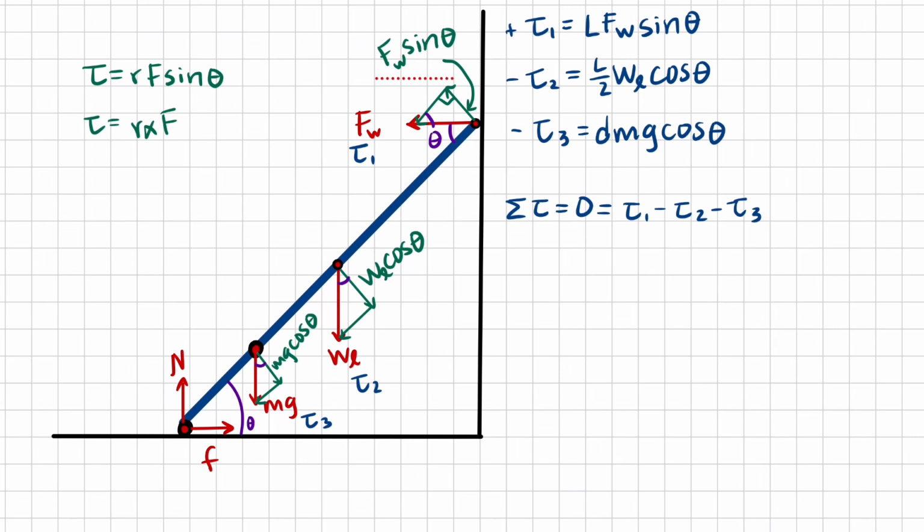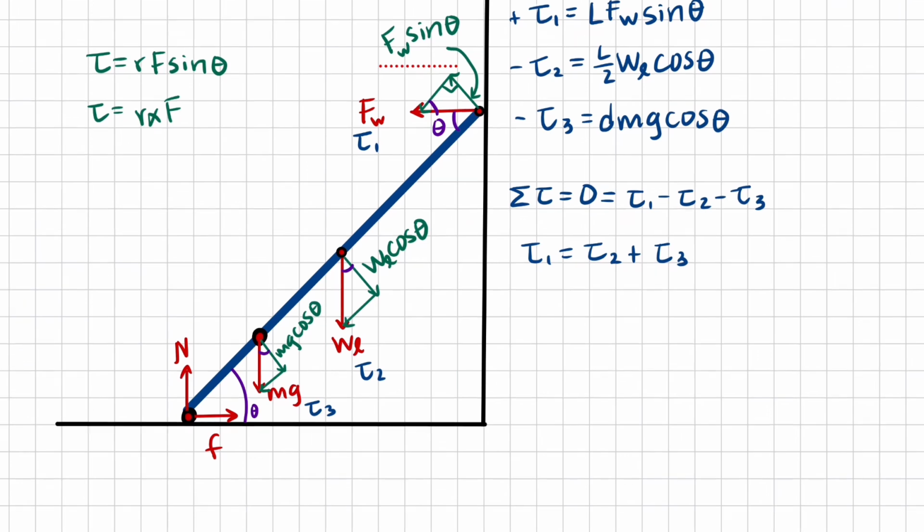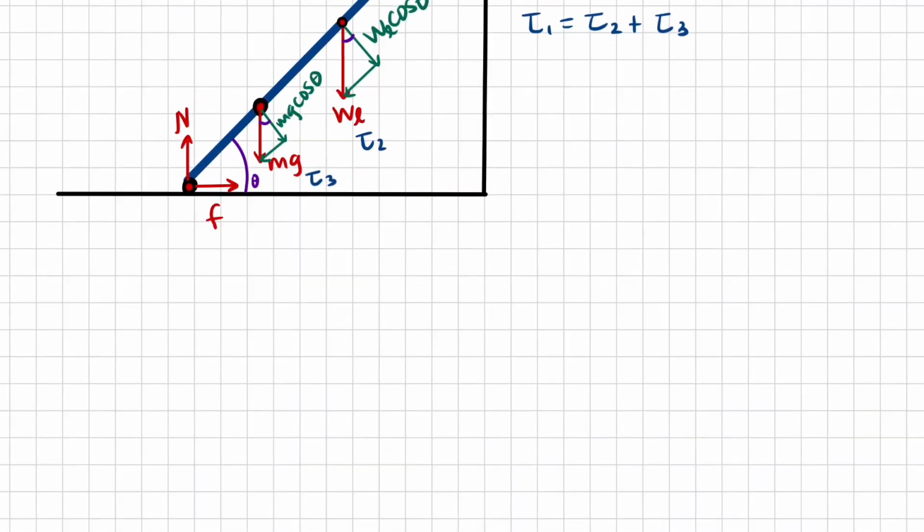And you'll see how we get the force of friction, because I know it's nowhere to be found here. All right. So with a little bit of algebra, I know that torque 1 is equal to torque 2 plus torque 3. I'm going to use my bottom portion of the page.